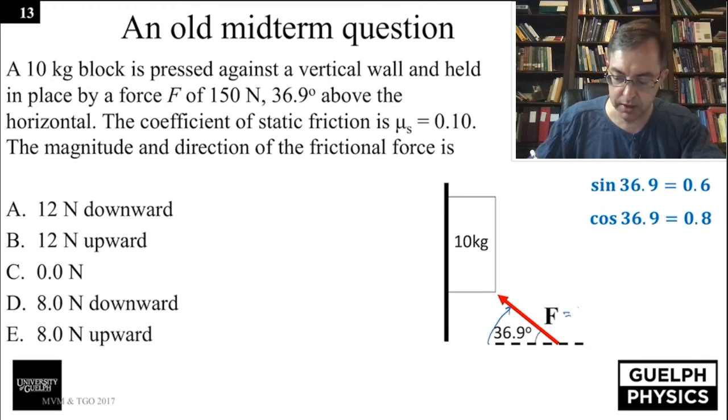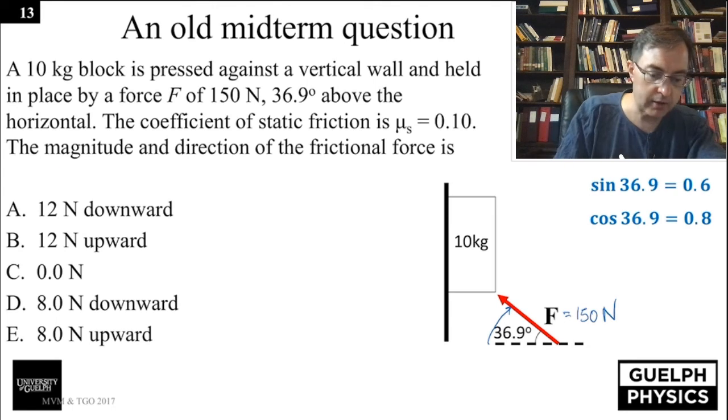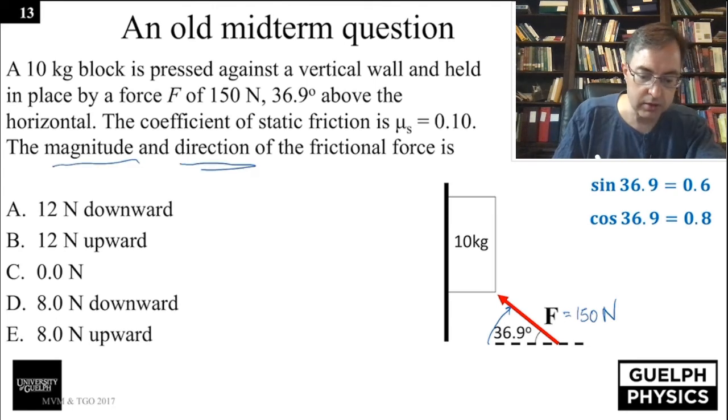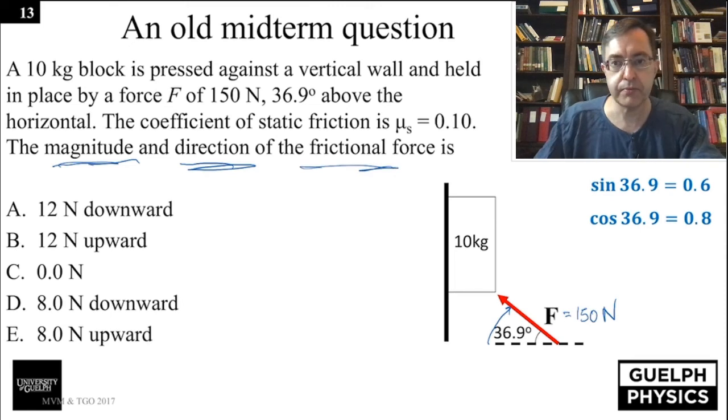The force has a magnitude of 150 newtons, and the block is 10 kilograms. There's a coefficient of static friction of 0.1, and it's asking you for the magnitude and the direction, so two things, of the frictional force, and it gives you these choices.